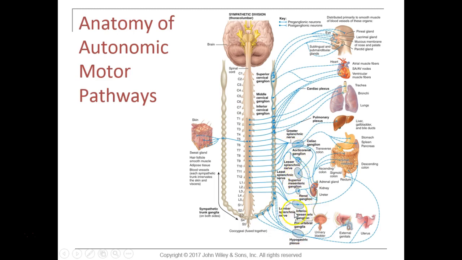So these are called prevertebral ganglia, or collateral ganglia was an older name for them, and they have specific names. This one is the inferior mesenteric ganglion. So you can see here that the preganglionic neuron comes out, it bypasses the chain ganglion, but then makes a synapse in this ganglion with the postganglionic neuron.